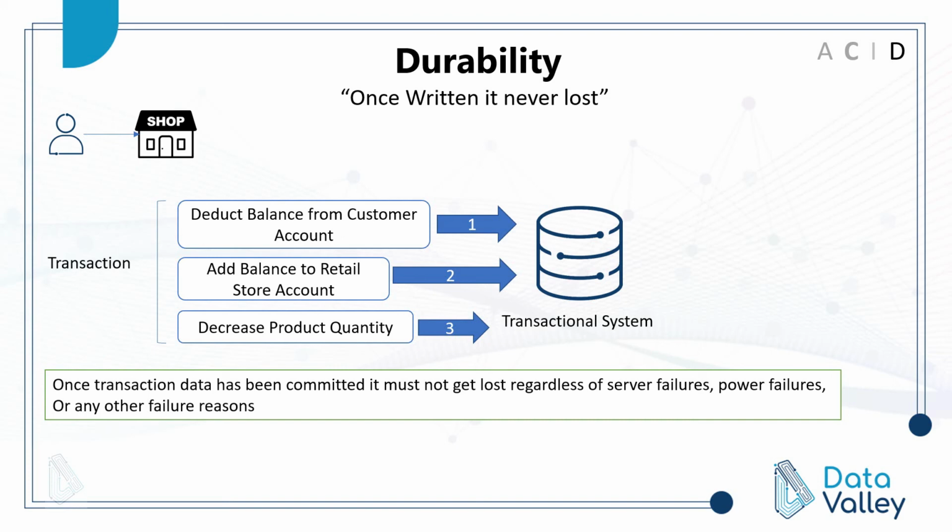So once I have a transaction that is committed to the database, I should be 100% sure that this data will never get lost. Because if this data got lost and the database cannot keep the durability of our data, I cannot trust this database. I cannot take decisions based on data available in this database. So durability is a very important property of ACID and of databases in general.